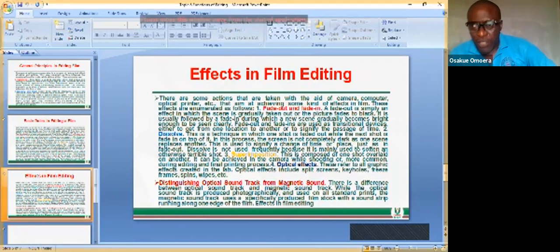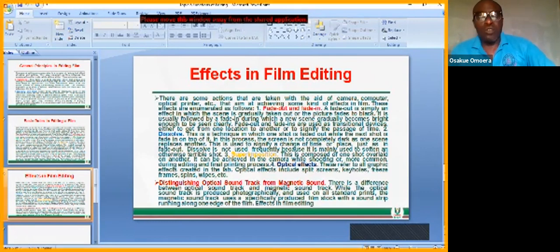Fade out is simply an effect in which the scene is gradually taken out or the picture fades to black. It is usually followed by a fade in, during which a new scene gradually becomes bright enough to be seen clearly.